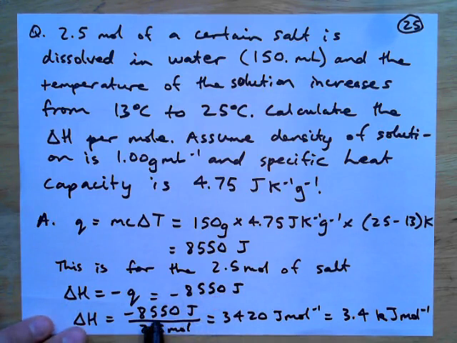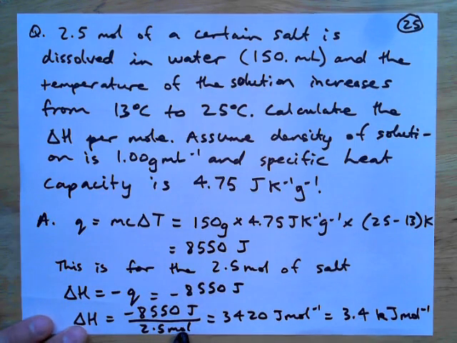Okay, so then I divide my energy by the number of moles I have, and this will give me the joules per mole, okay, which is 3,420 joules per mole. And then I'll just convert that to kilojoules by dividing through by 1,000, and so I have 3.4 kilojoules per mole.